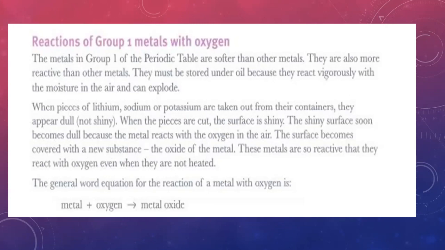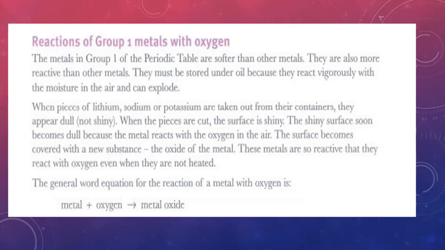They react vigorously with the moisture in the air and they can explode. If the examiner asks you why we store the elements from group 1 under oil, you will answer: because they react vigorously with the moisture in the air and they can explode. Do you understand? Okay.